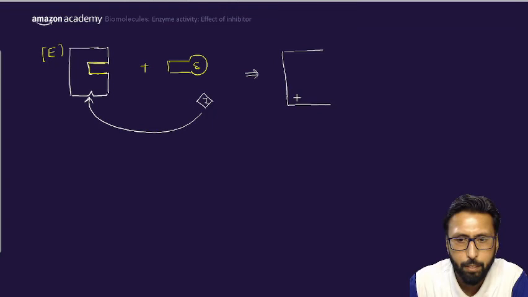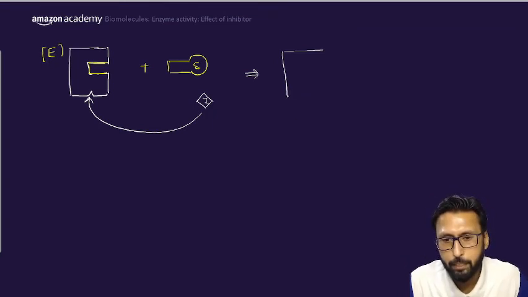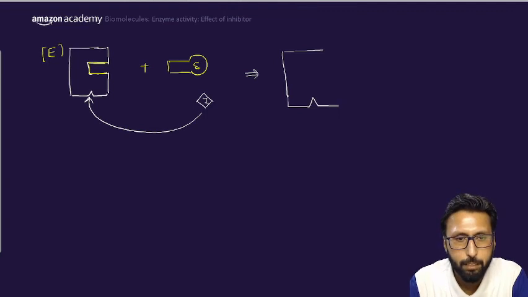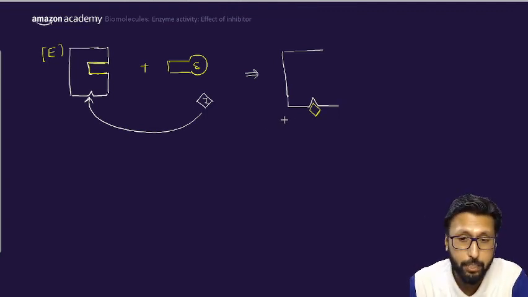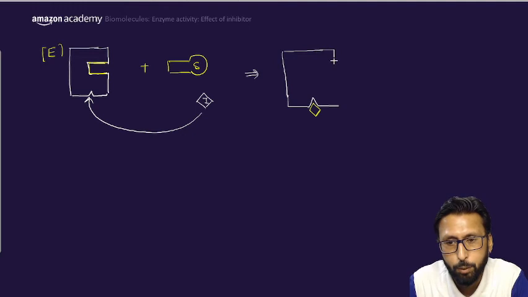Let me draw the enzyme again. So when the inhibitor binds here, it is going to cause a change in the configuration of the protein, including the active site. So there will be a change in the shape of the active site. The active site now becomes something like this. You can see there will be a change in the active site.